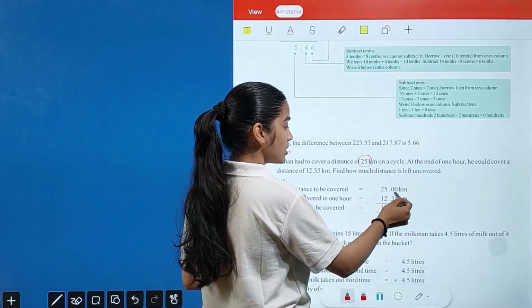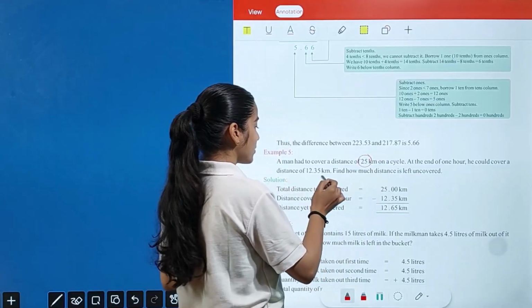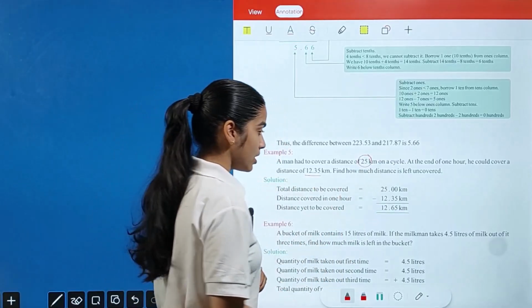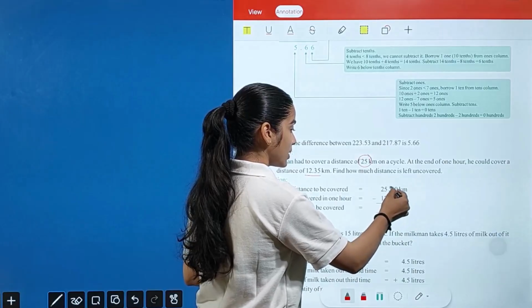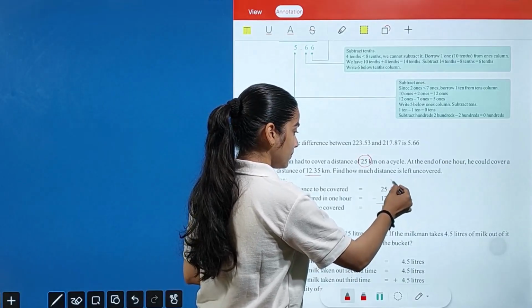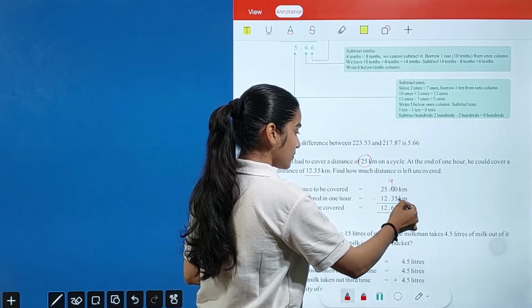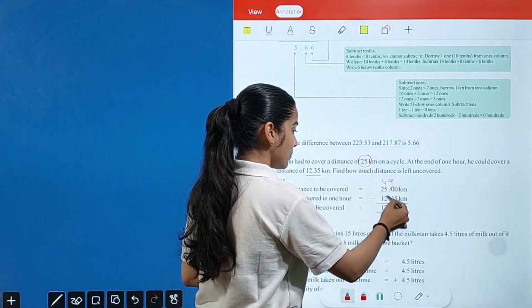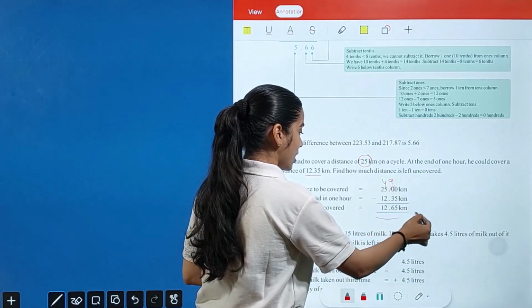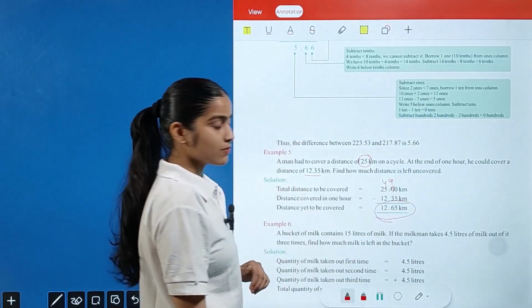So 25.00. And then you have to subtract 12.35 from this. So 0 cannot be subtracted by 5. So we have to take a carry. This will become 10, 9. 10 minus 5 is 5. 9 minus 3 is 6. 4 minus 2 is 2. And 2 minus 1 is 1. So your answer will be 12.65 kilometers.